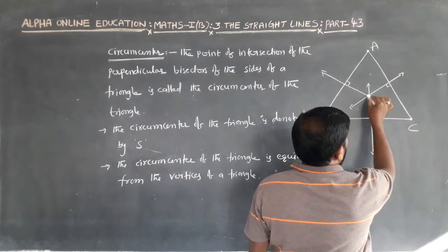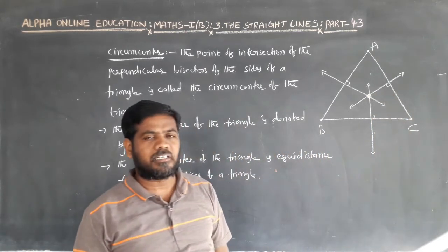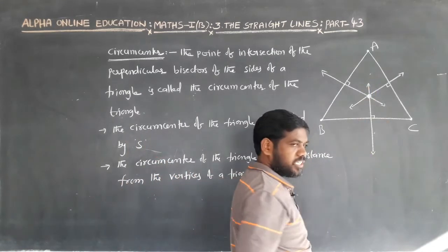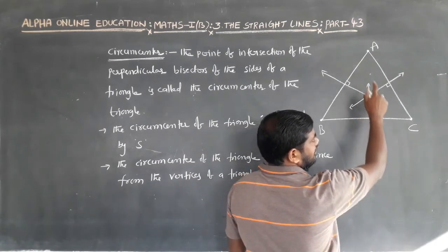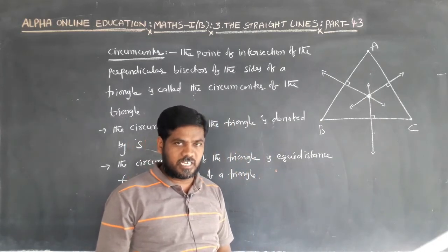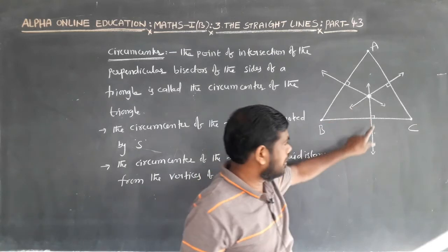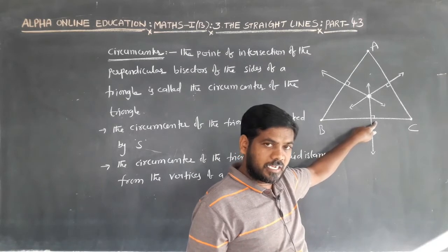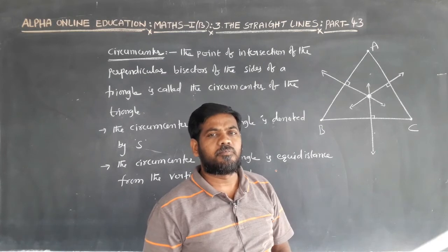This is the point of intersection of the perpendicular bisectors of a triangle. The point of intersection of the perpendicular bisectors of a triangle is called the circumcenter of the triangle.